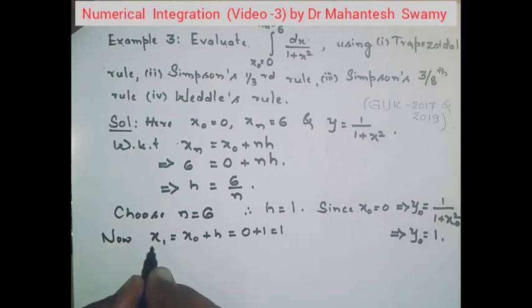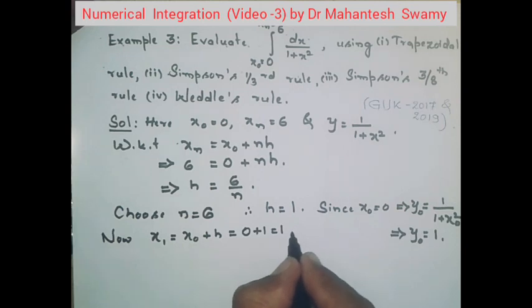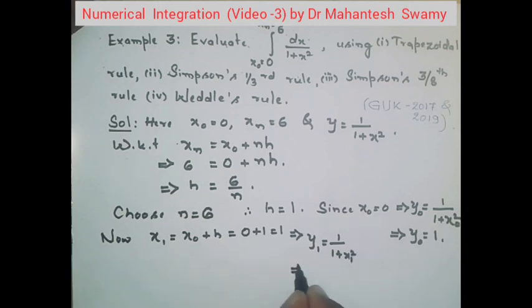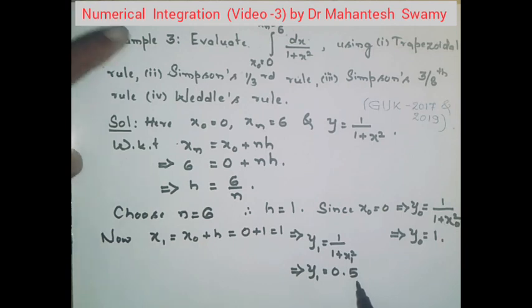So we got x1 as 1. This implies y1 is equal to 1 divided by 1 plus x1 square. This implies y1 equals 1 divided by 1 plus 1 square, that is 1 divided by 2, which is 0.5. So we got the value of y1 as 0.5.